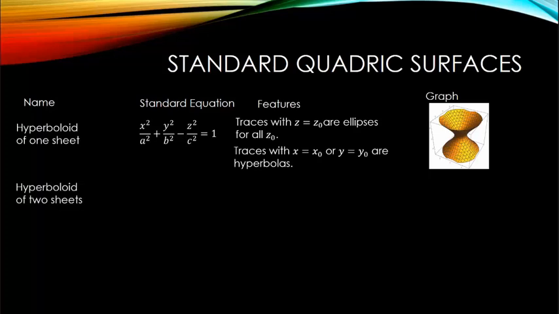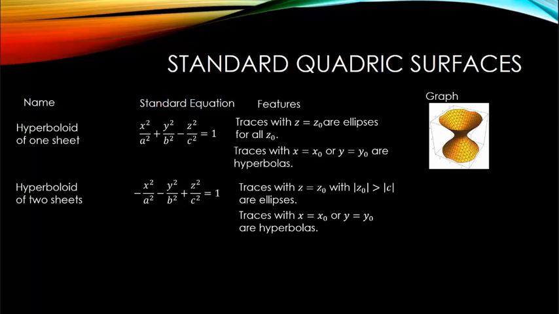Another quadric surface will be the hyperboloid of two sheets. This equation has the standard form negative x squared over a squared minus y squared over b squared plus z squared over c squared is equal to 1. Traces where z is equal to z naught, where the absolute value of z naught is greater than the absolute value of c, will be ellipses, and traces with x equal x naught or y equal y naught will be hyperbolas.